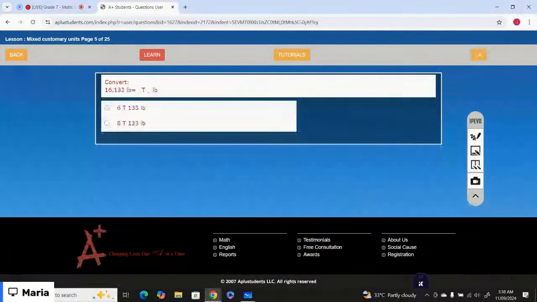Okay, the next one is 16,133 pounds. So, which is the correct option?